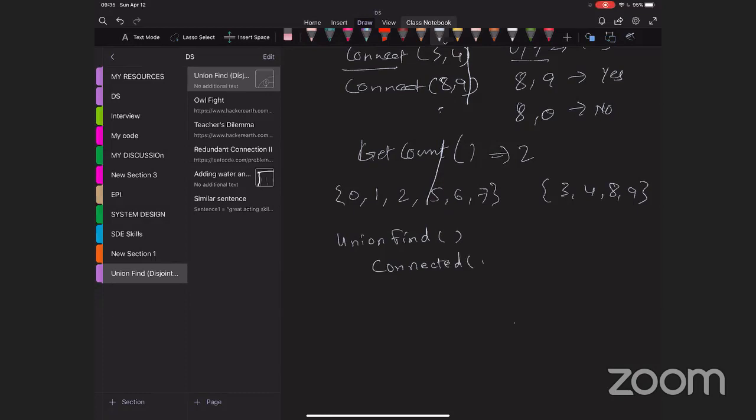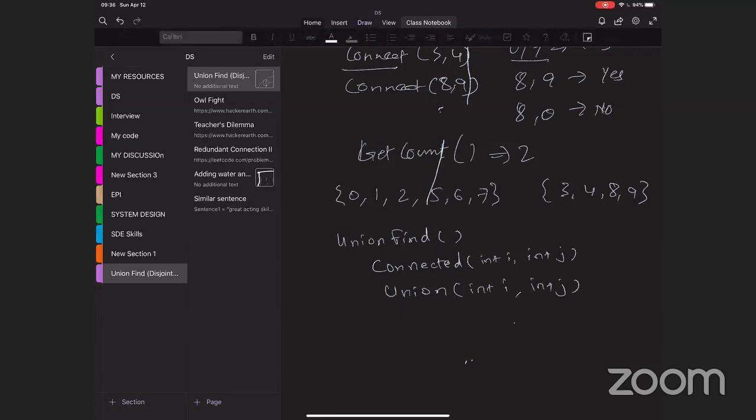It takes, let's say, two elements, and it answers us whether they are connected or not. Another one is, let's call it union. When I say union, it connects them, and connected will answer if they are connected or not.